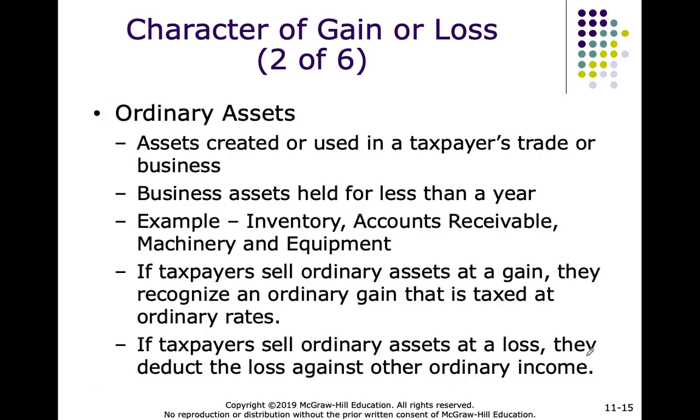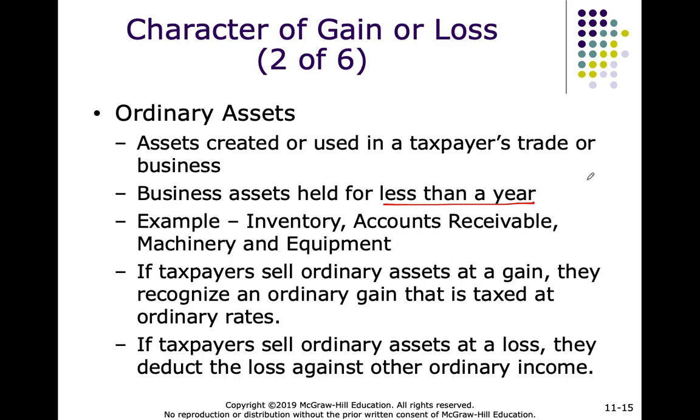So what exactly are ordinary assets? This could be inventory, receivables, machinery and equipment that we held less than a year. Okay, if you are looking at IRS Form 4797, these are the assets that are listed on page 1, part 1.